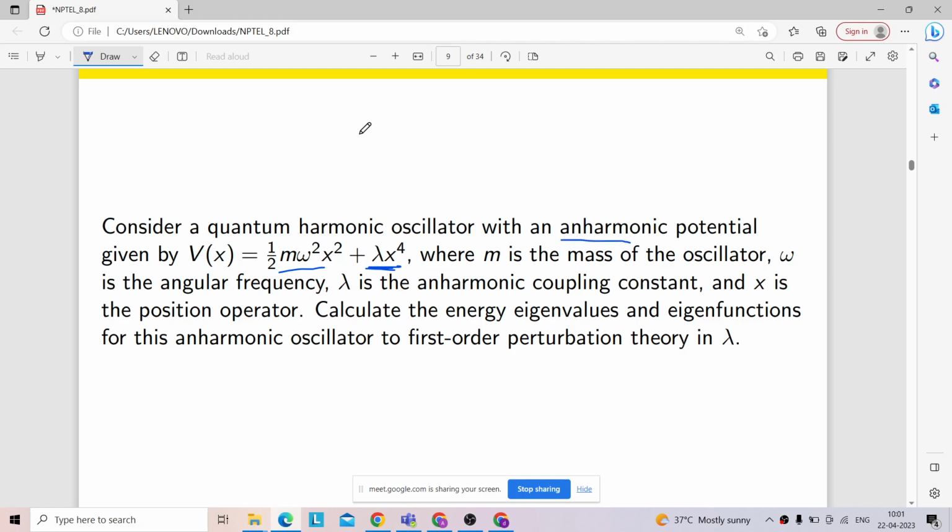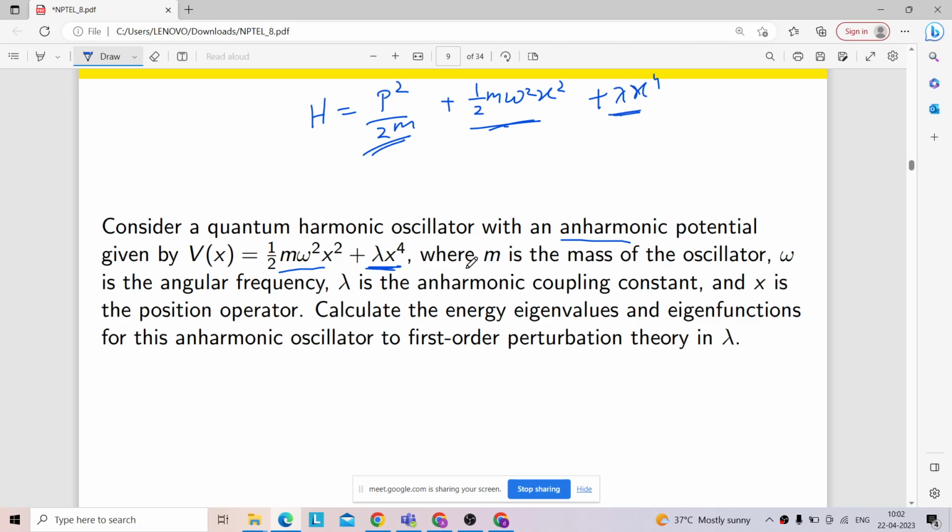In a harmonic system, you know the Hamiltonian is p square over 2m plus half m omega square x square. This is the kinetic term and this is the potential term. Now one extra term is added, lambda x to the power 4. This term makes the system anharmonic.